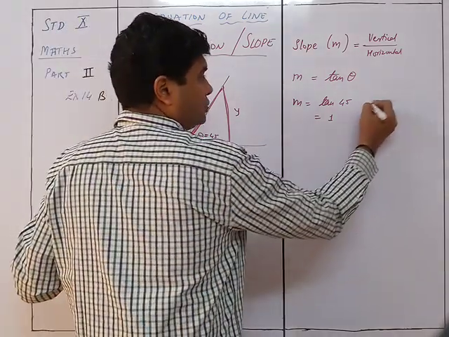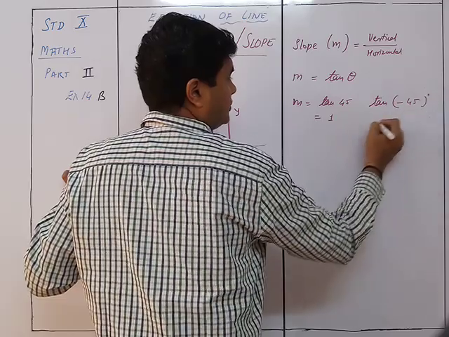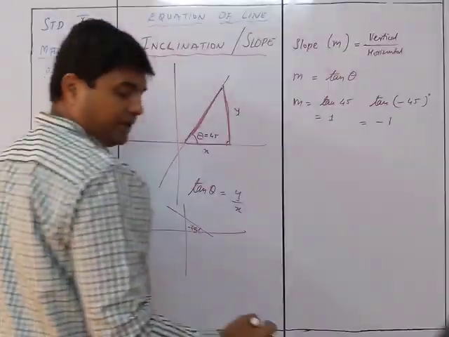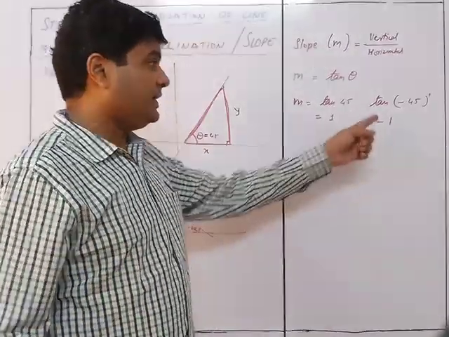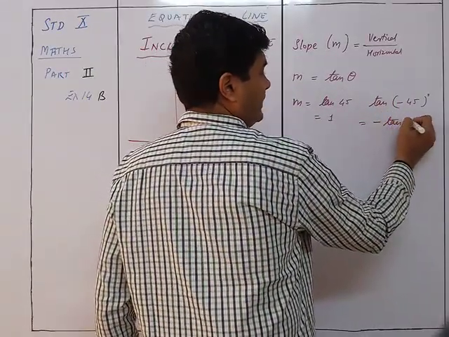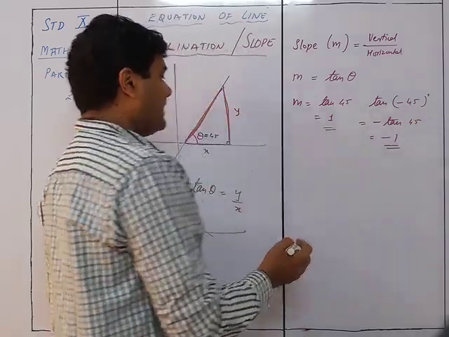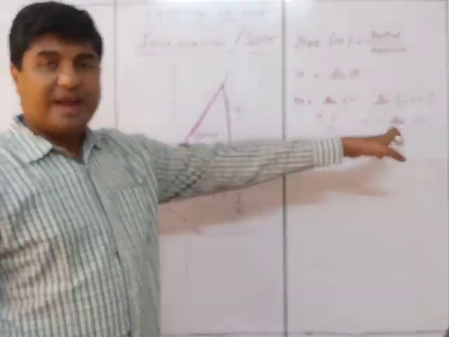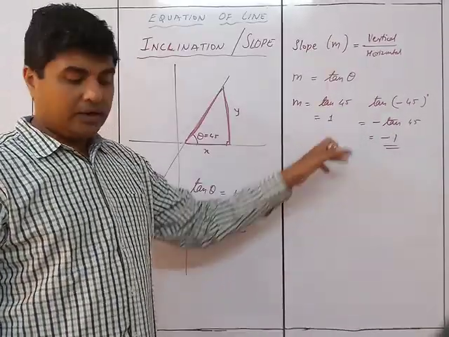So tan minus 45 is equal to minus 1. This is because it is minus tan 45, therefore it's minus 1. If it is negative, then there will be a negative sign, and if it is positive, it's the same value in positive form.